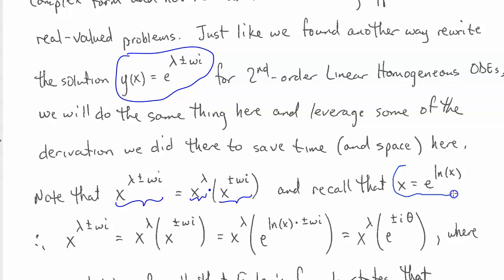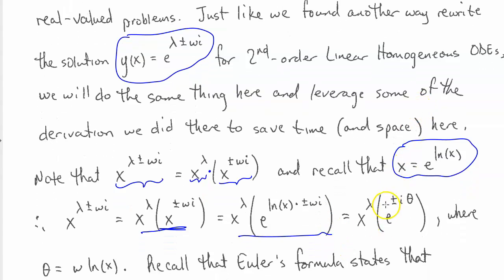We also remember that e raised to the natural log of x is just equal to x. And so if we replace x with this expression, like what you see me doing from this step to this step, then what you see is that we essentially have Euler's relation here.